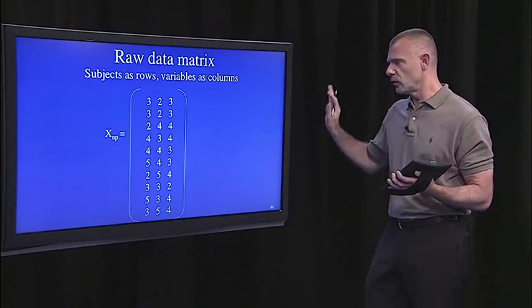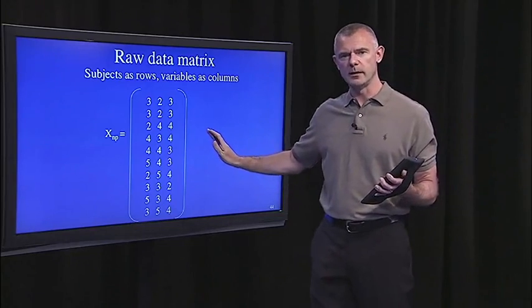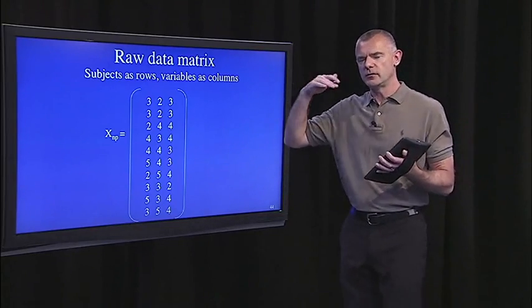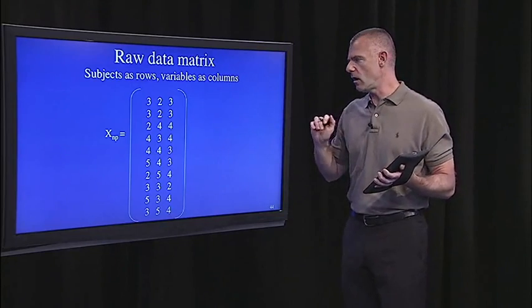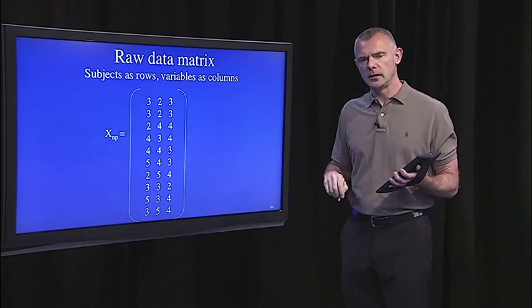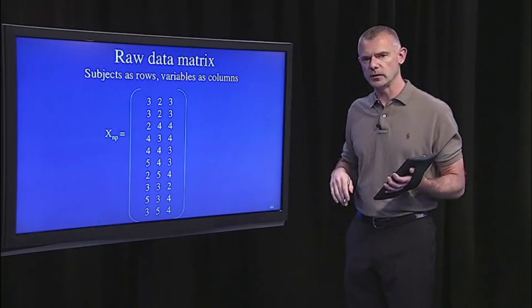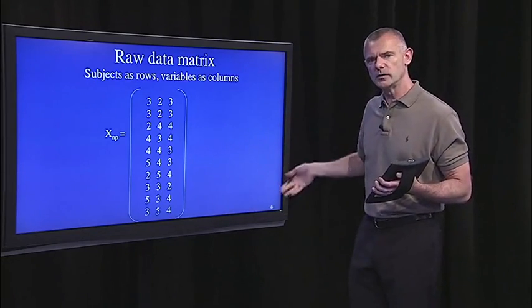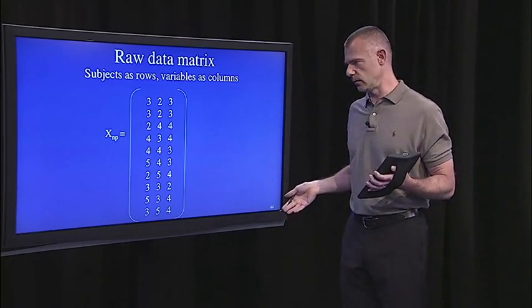Okay, so imagine we have what I'm calling a raw data matrix. Like some of our examples in R, each row represents an individual subject in an experiment or a study, and each column represents their scores on different variables.